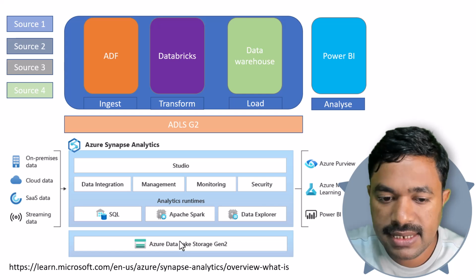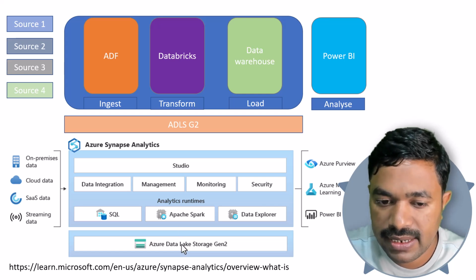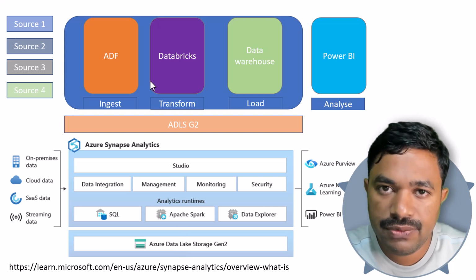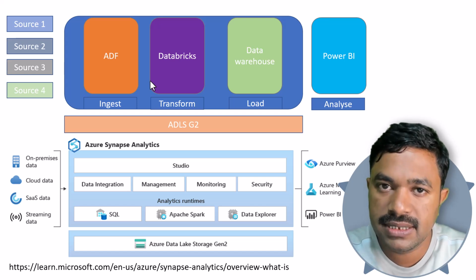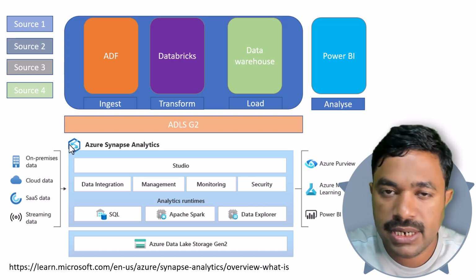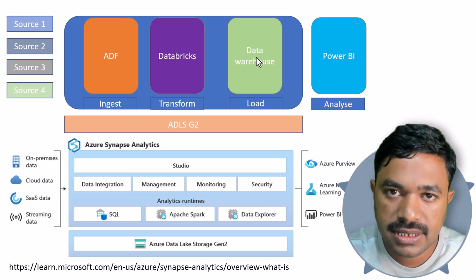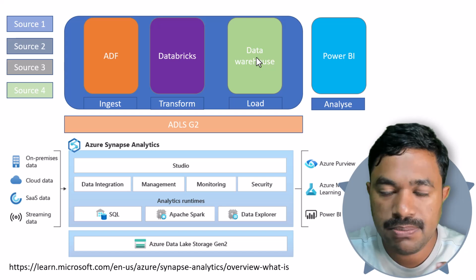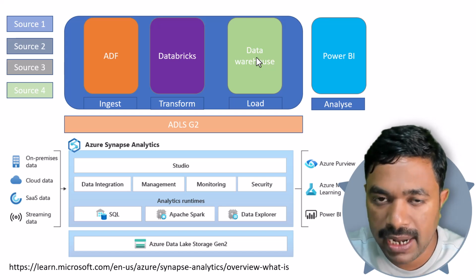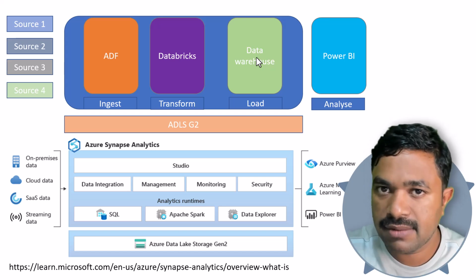Just like how we used to perform ingest operations in Data Factory, we have an option for data integration. Also, to design a data warehouse, we have SQL pool. And to perform big data analysis, we have Spark pool, and there are many other services as well.